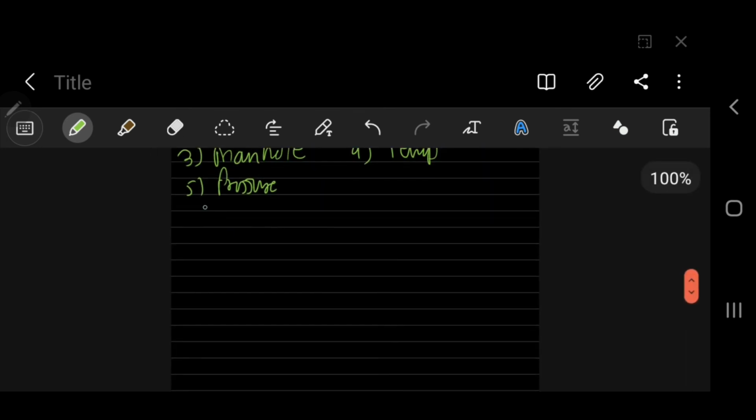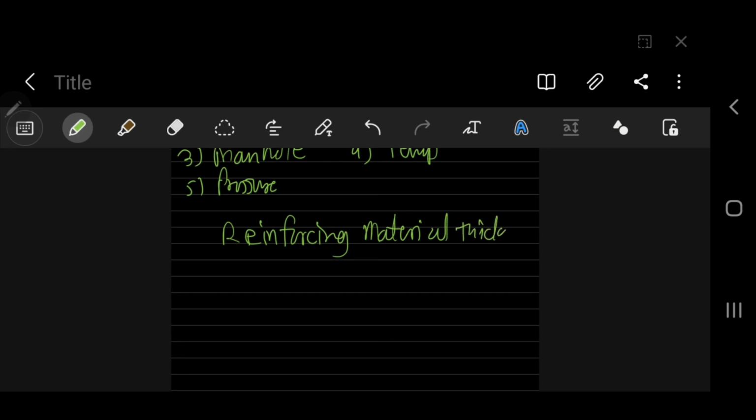We have also calculated the reinforcement material thickness. During the oral, you should know the length, the diameter, and the material used for the pressure vessel. These things you must know.